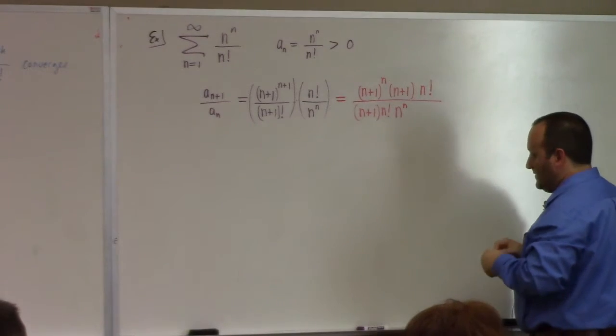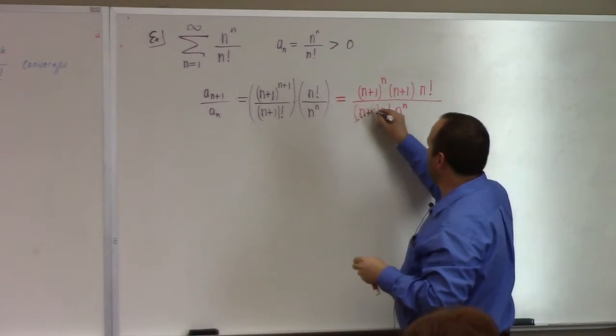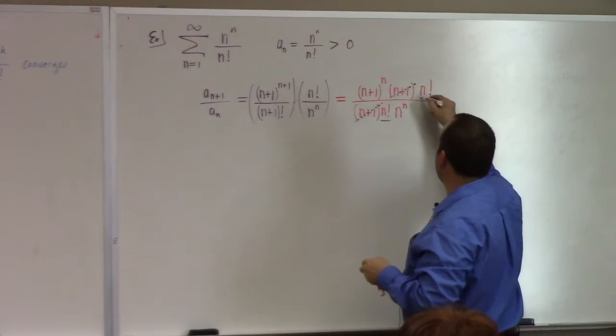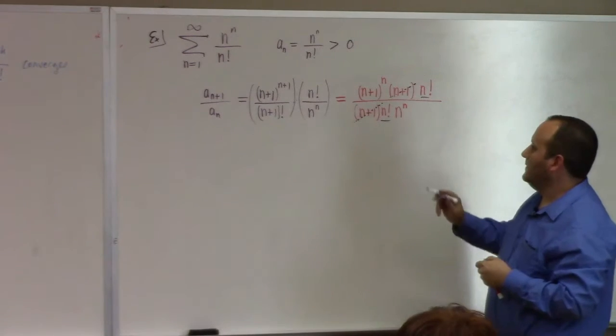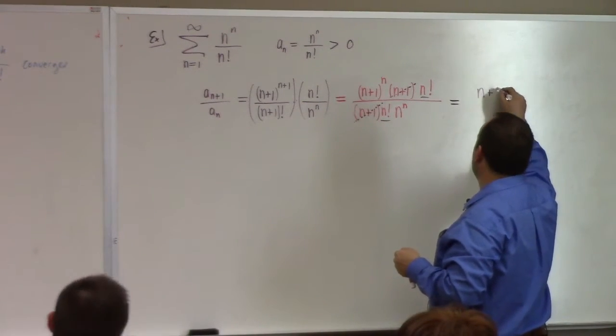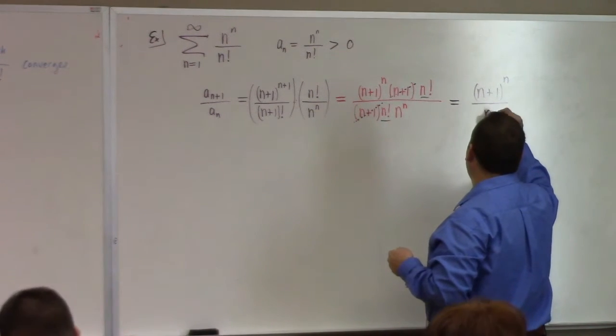Well, we do get some cancellations here, don't we? We get this guy canceling, and also the n factorials cancel, right? So what we have is n plus 1 to the power n divided by n to the n.